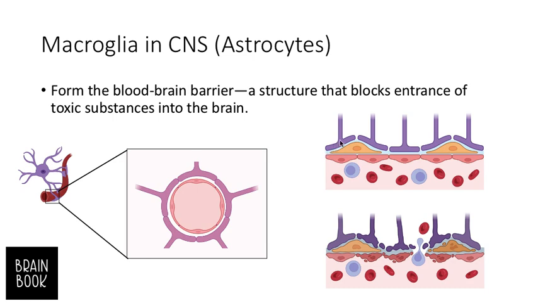And as you can see here, these projections of astrocytes completely cover the vessel here and form the blood-brain barrier. Here we have the brain, and here we have the blood vessel, and these form a blood-brain barrier.